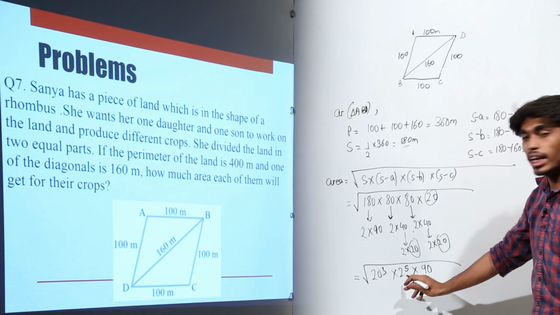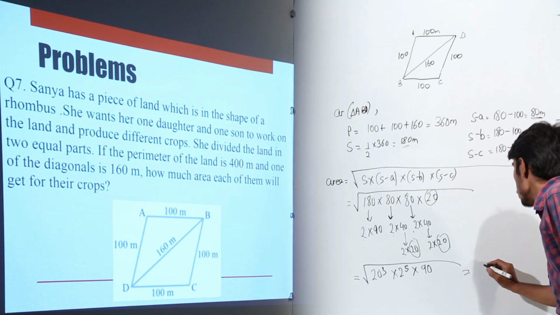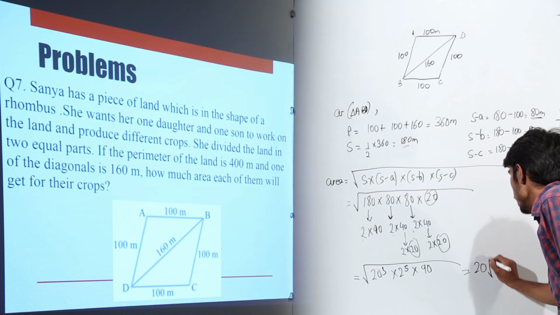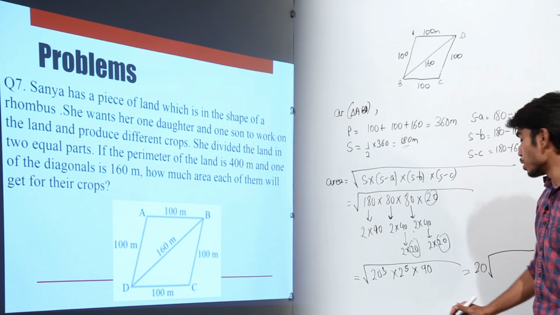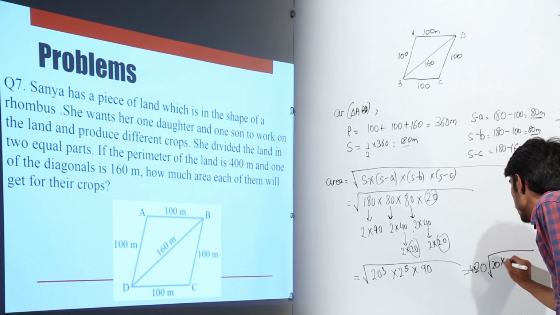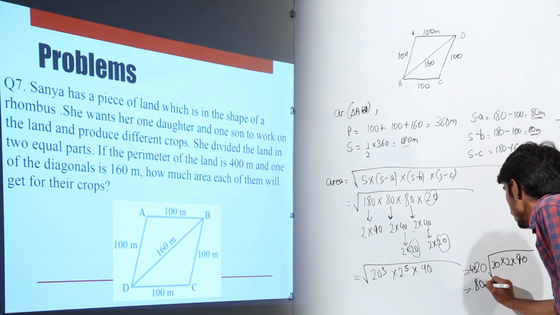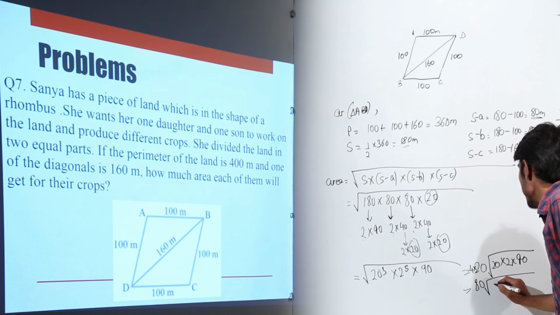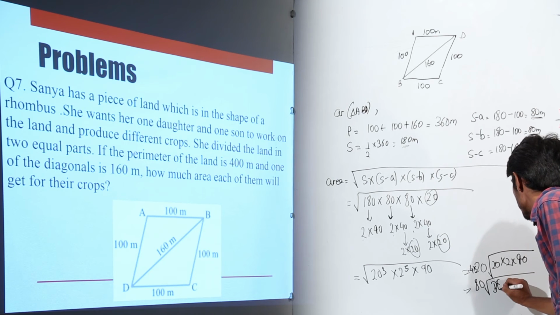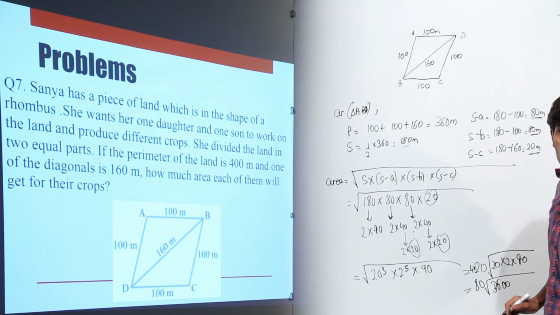So let's take the values outside the radical sign. 20 cube will become 20, 2 to the power 5 will become 4, and what will remain inside would be 20 into 2 into 90. So this will become 80 root over 3600. So 3600 under root is nothing but 60.